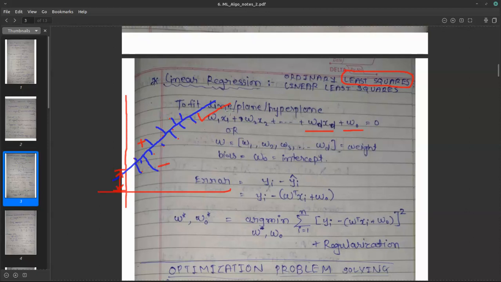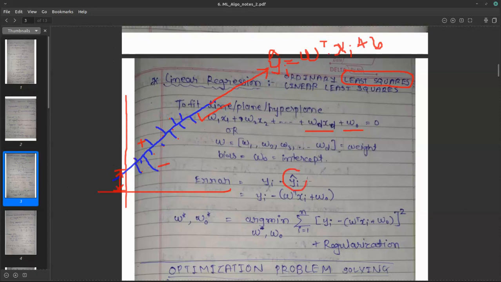So we are fitting this line, plane or hyperplane on the given data. This is my data x, and we are predicting y. Whatever value is predicted by this line is y hat. So y hat is nothing but the weights w1, w2 up to wd multiplied by x, that is w transpose x. For one row, it's w transpose xi plus w0, or I can write b also, bias or w0, it's the same, right?